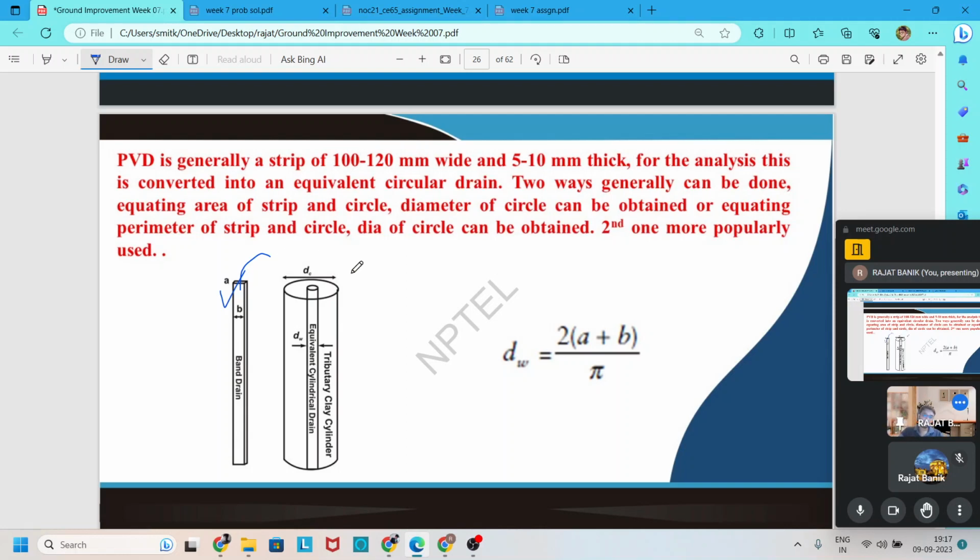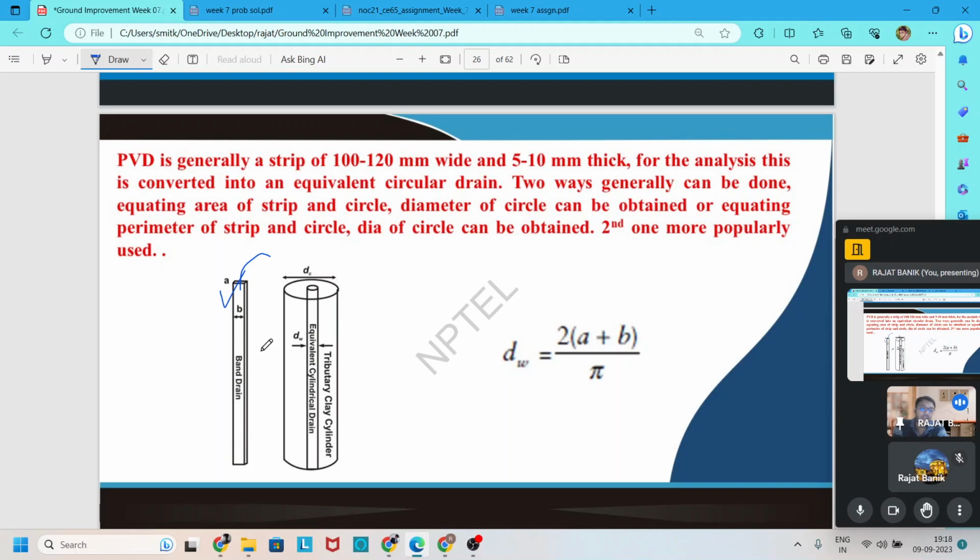For converting, two methods are applied. One is to equate the cross-section area of both the equivalent circle and this strip prefabricated vertical drain, or the other way is to equate the perimeter of these two.